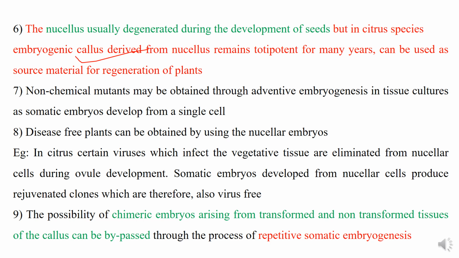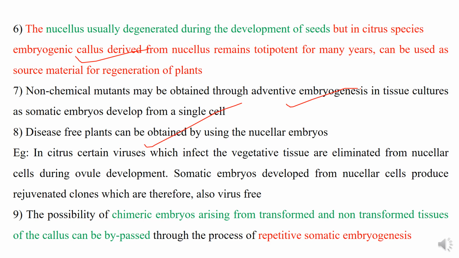And non-chemical mutants: generally to obtain mutants in the breeding program, we apply chemicals. So here, because of somatic embryogenesis, without using any chemicals, we can obtain the mutants. How? Through adventive embryogenesis in case of tissue culture experiments. Then through somatic embryogenesis, the main advantage is we can obtain disease free plants using the nucellar embryos.